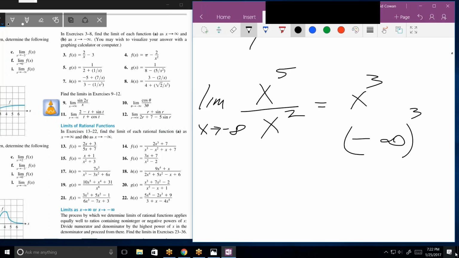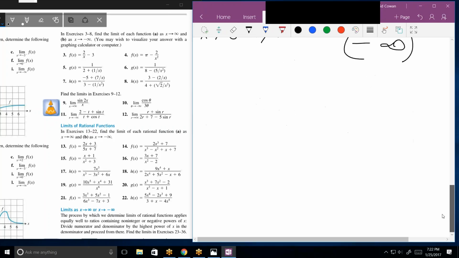Well, it's because this difference is odd. If I subtract those two exponents and get an odd number, then when I go to positive infinity, that goes to positive infinity. But when I go to negative infinity, it goes to negative infinity. So that's the slight alteration from the three rules that I was telling you about.